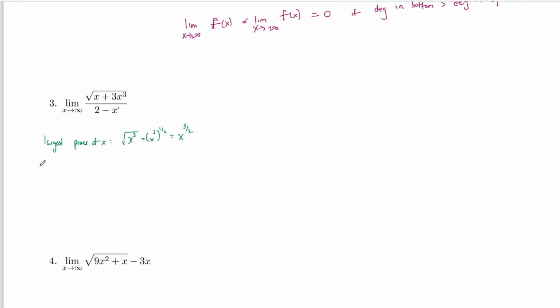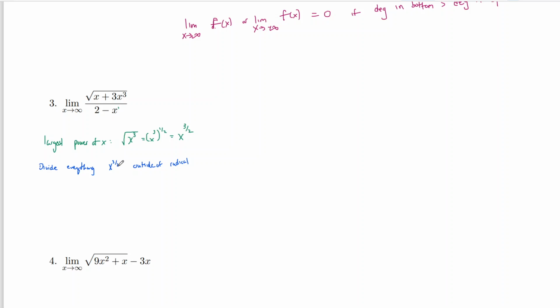Now what I'm going to go ahead and do is mention that even though we're dividing everything by x to the 3/2 outside of the radical, outside the square root, we're automatically going to shove what we're dividing on the top that's not in the square root into the square root.